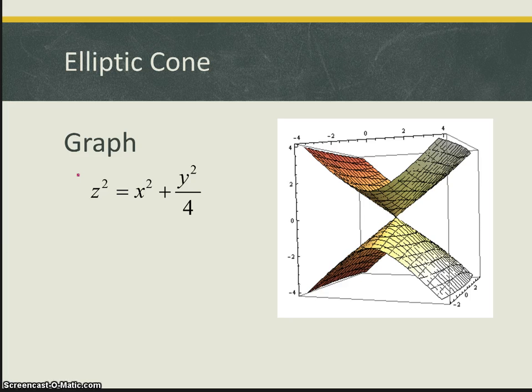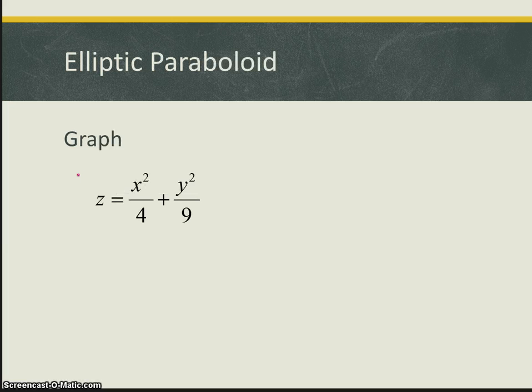The next surface we want to focus on is the elliptic paraboloid. The elliptic paraboloid equation looks like z equals the sum of x squared and y squared. It could even be z equals the opposite of those, which would be permissible as well.